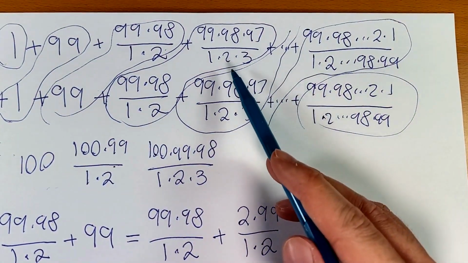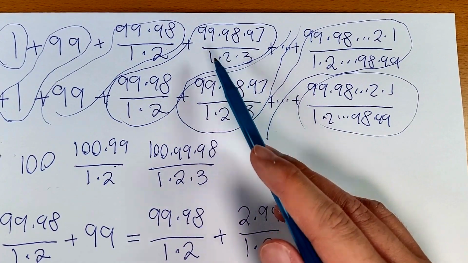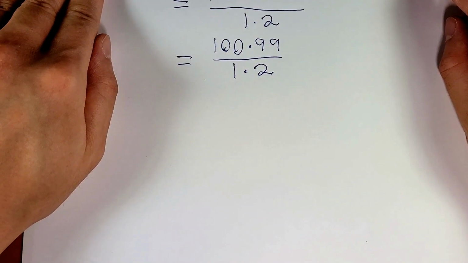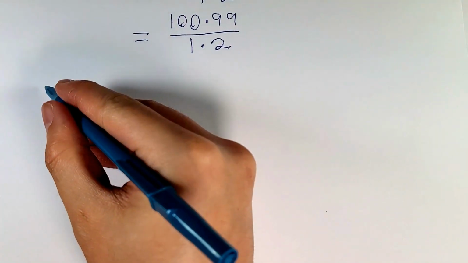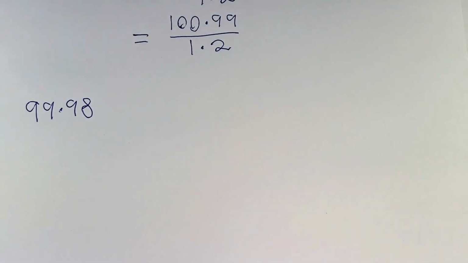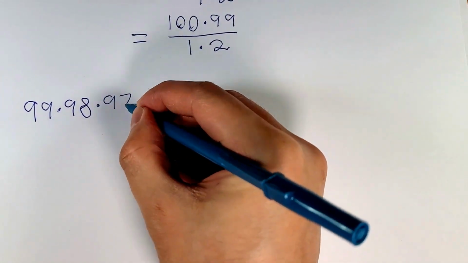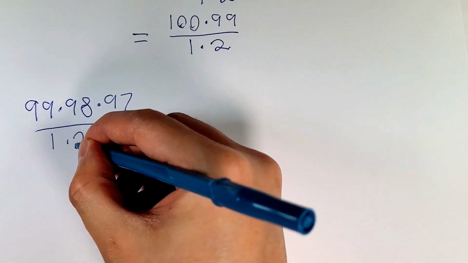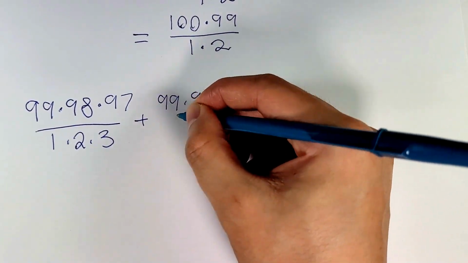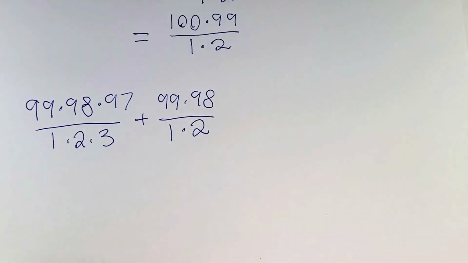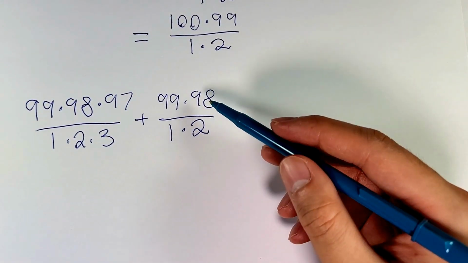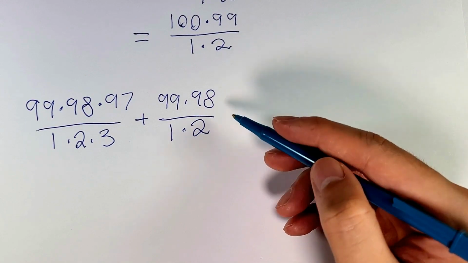Now I want to look at the next group. I want to calculate this number added to this number. So let's write it up. I have this. Now I'm going to look at this fraction. And I notice here I can multiply the numerator and the denominator both by 3.